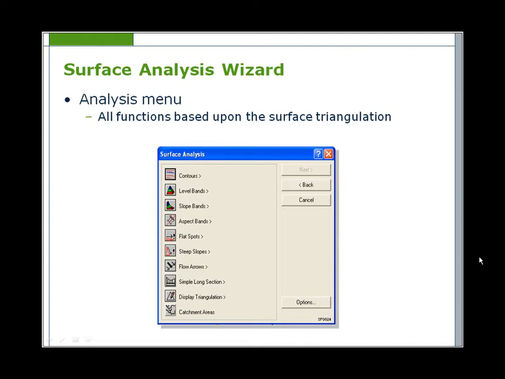Aspect bands will show you either north facing slopes, south facing slopes, west facing slopes, whatever you want to choose. Flat spots will show you any areas that are less than 1 in 40. Steep slopes will show you any areas greater than, I think, 10%.